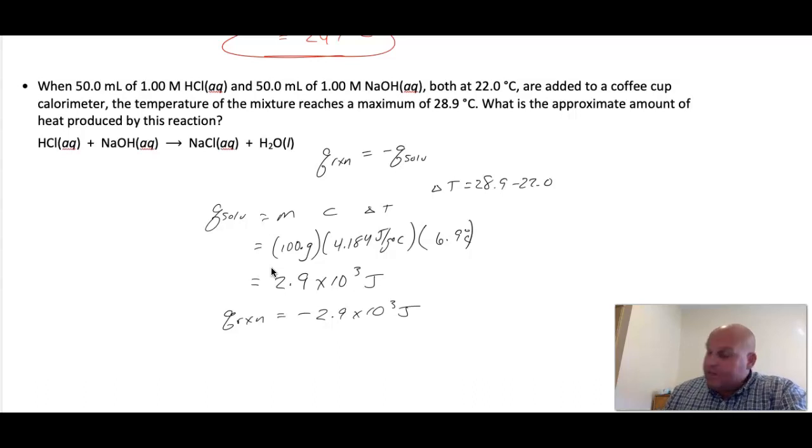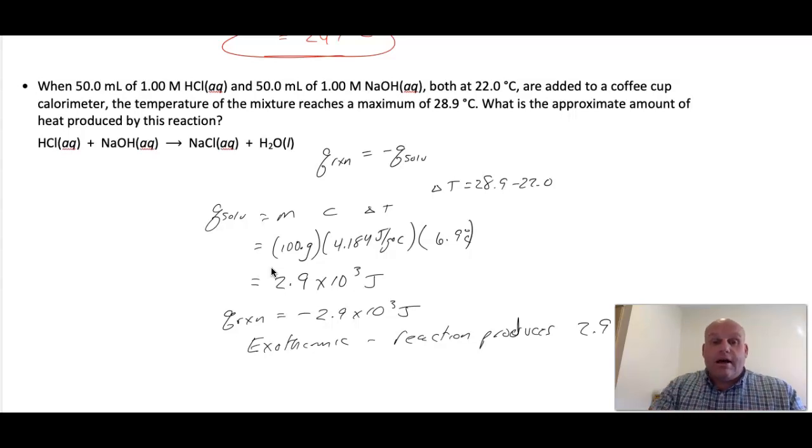Since the Q value is negative, this tells me this is an exothermic reaction, or another way to say it is the reaction produces basically 2.9 kilojoules of heat.